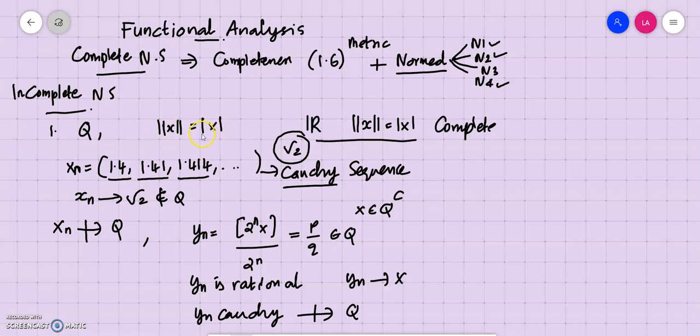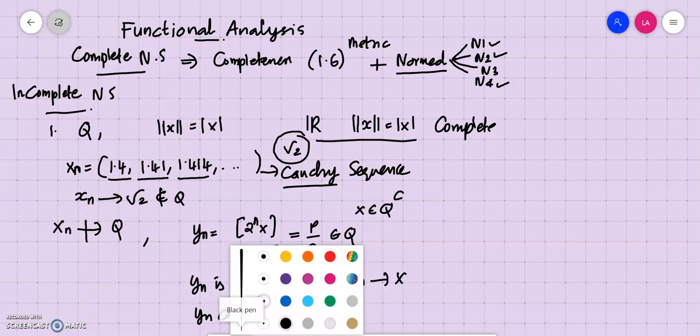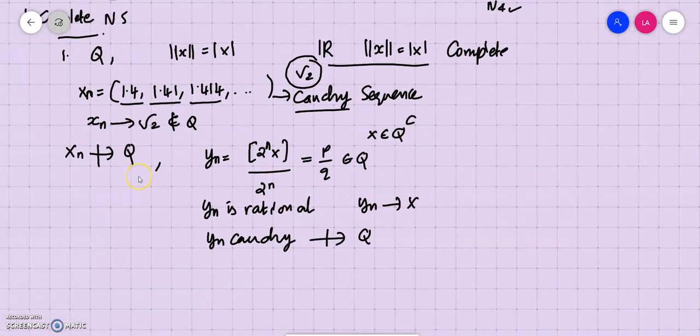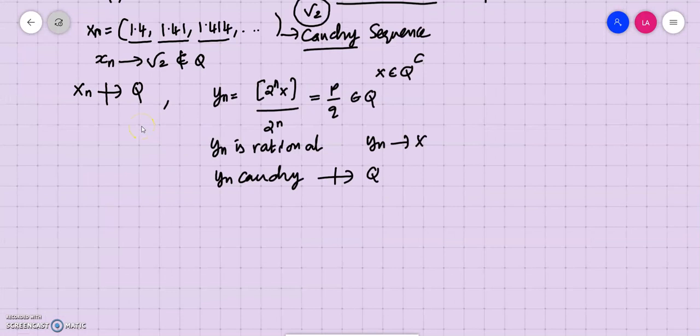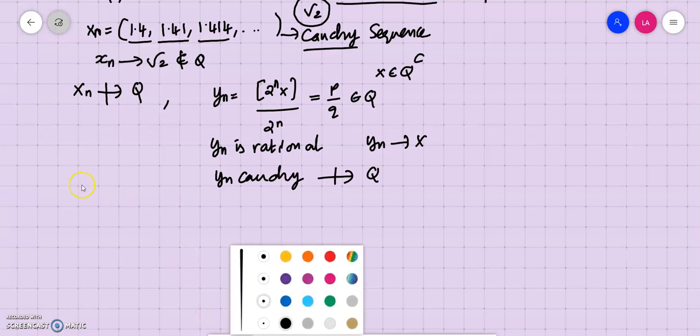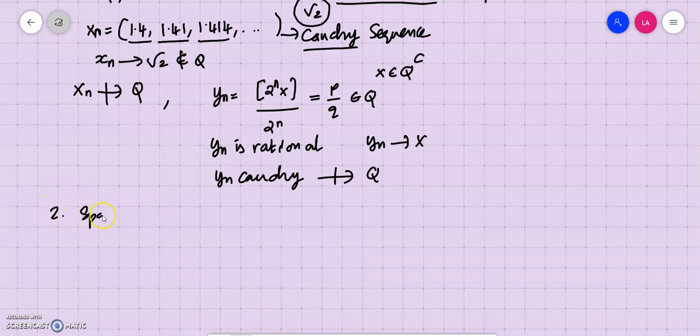So we can easily understand that. Another example of an incomplete space is something which we have already discussed: the space of all polynomials on the closed interval [a, b], which is an example we defined in section 1.6, I guess.